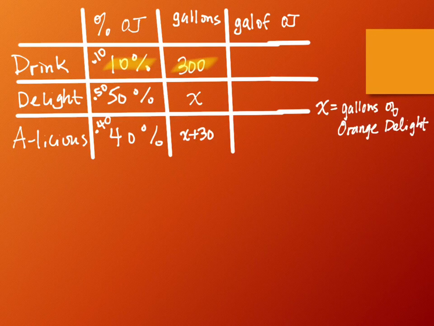So if I have 300 gallons and it's 10% orange juice, 30 gallons of that 300 came from orange juice. On the second one, I don't know exactly what it is, but I know it's 0.5x, whatever the x number of gallons is. And the last one, quite similarly, I don't know what it is, but it's 0.4 of whatever the x plus 300 is.